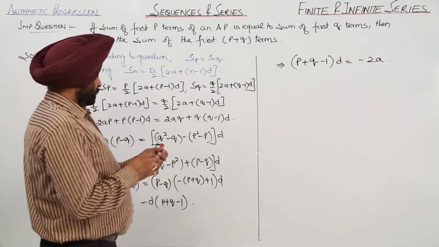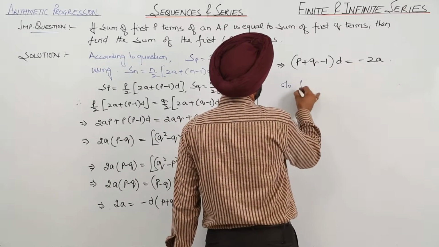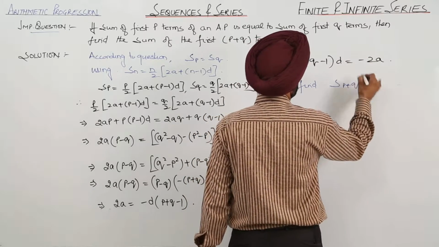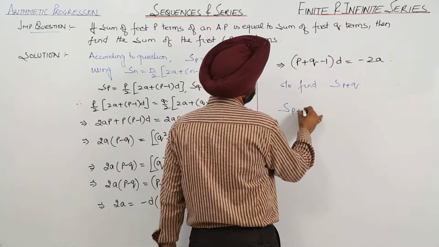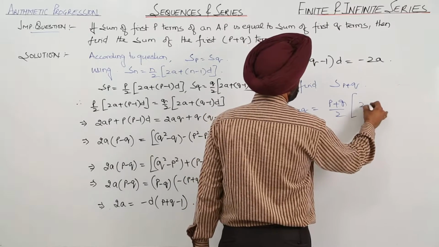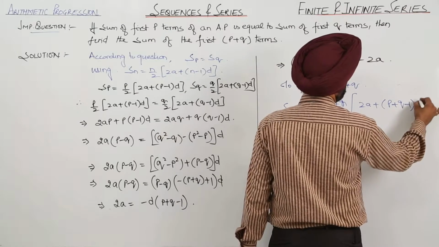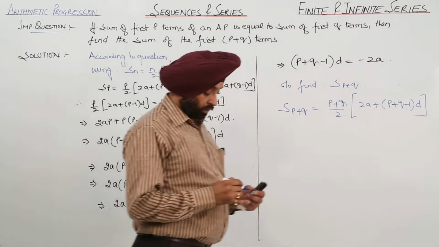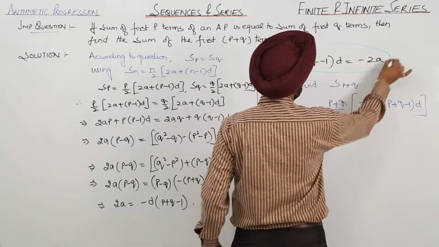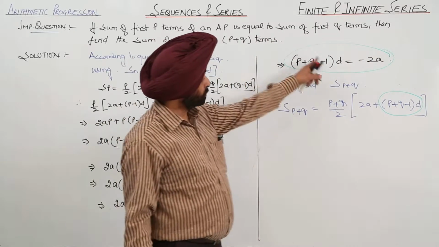Okay, now we have to find S_(p plus q). Now S_(p plus q) is equal to (p plus q) upon 2 with (2a plus (p plus q minus 1) d). Now what can we do? Can we put this term for this term, using this part for this part?